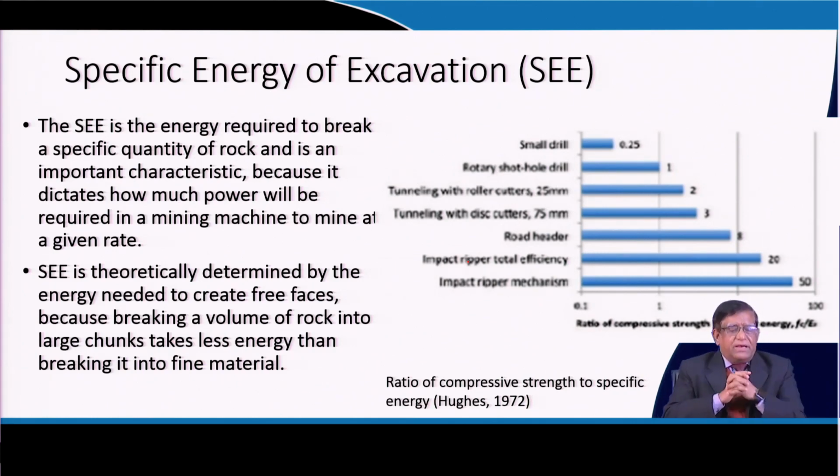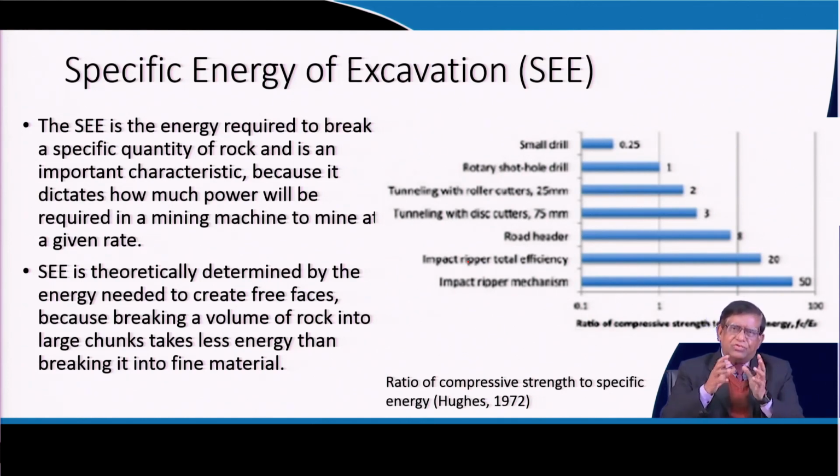This specific energy is the energy required to break a specific quantity of rock, and it is an important characteristic because it dictates how much power a mining machine will require to mine at a given rate. It is a property of the rock-tool interaction. Say you take a very sharp bit and impart energy to the rock with the machine.